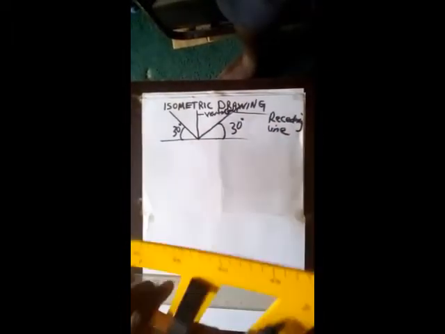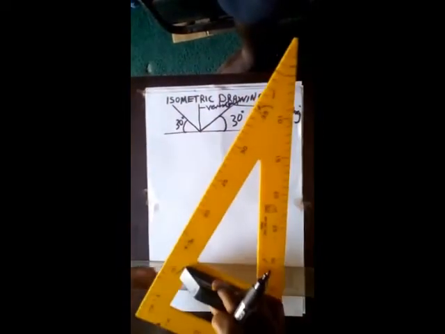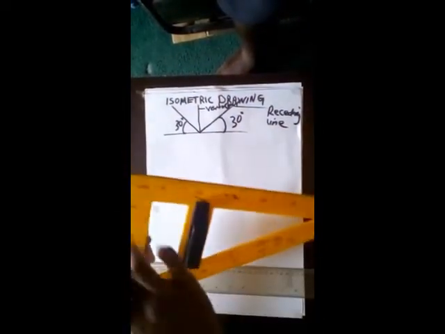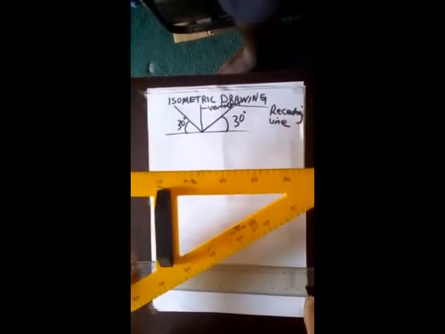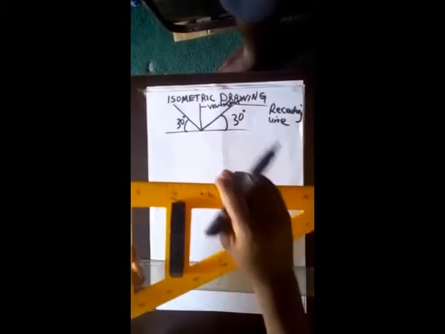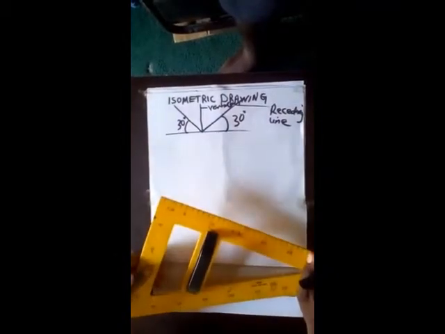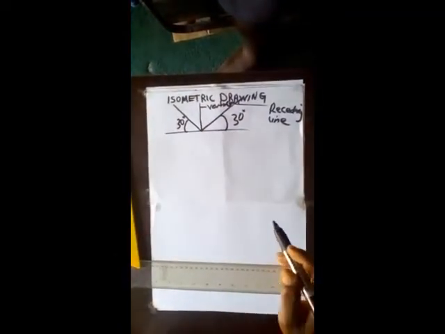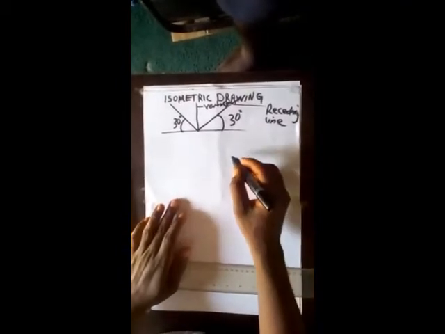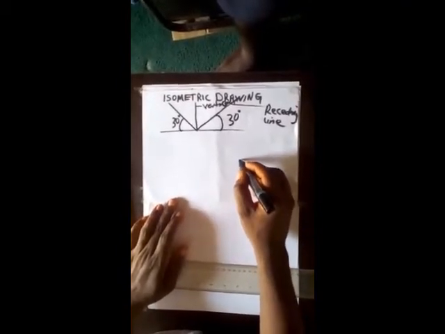Now for you to do this, you are going to use a set square, a 30 degrees set square. If you look at this set square, this side is 60, here is 30, here is 30. So whichever one you use, you are going to have an angle of 30 degrees. Now, assuming you are asked to draw something like this, this is how you start.